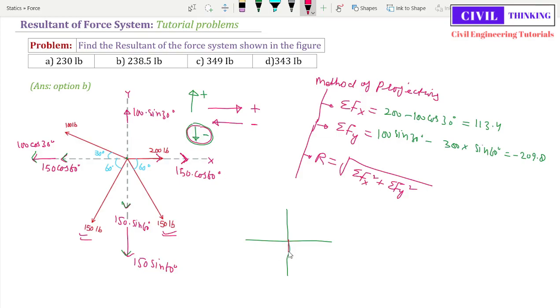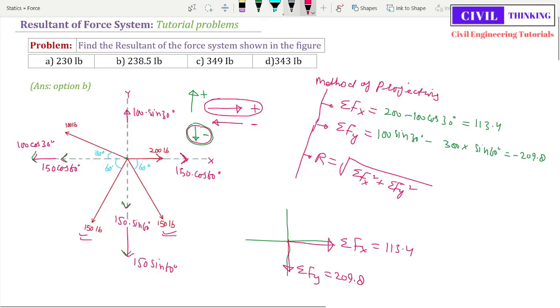So summation of Fy is downward like this, 209.8. Now summation of Fx is positive 113.4, and in the x direction towards right is positive, so summation of Fx is in this direction, 113.4.